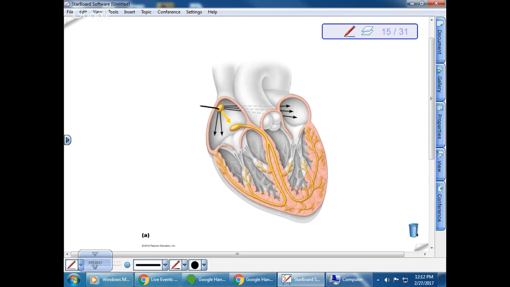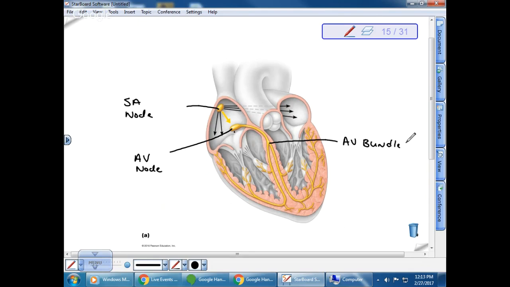So this is your SA node. This is your AV node. This is your AV bundle. So it goes down between the ventricles.